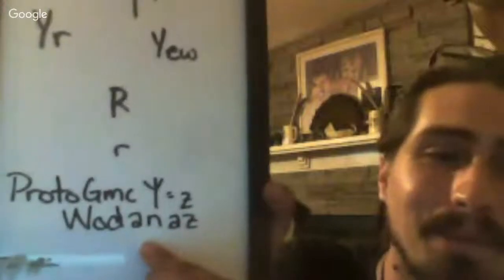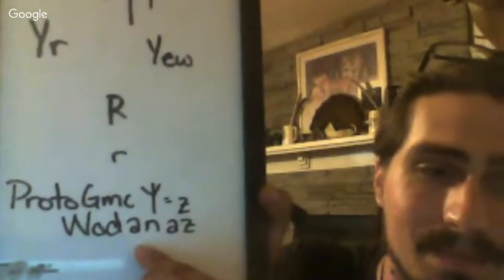So I'll give you, let me see if I can figure out a good example I know of. Well, the name for the god Odin in Proto-Germanic in the nominative form would be Wodenaz.